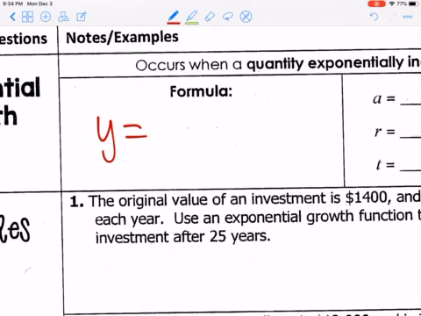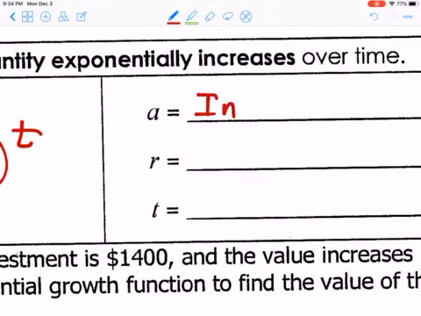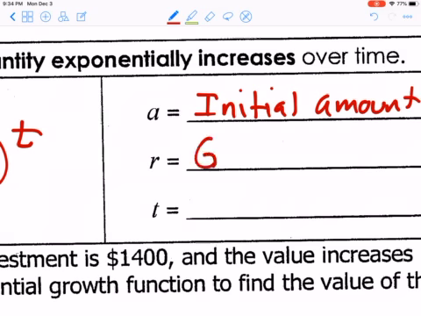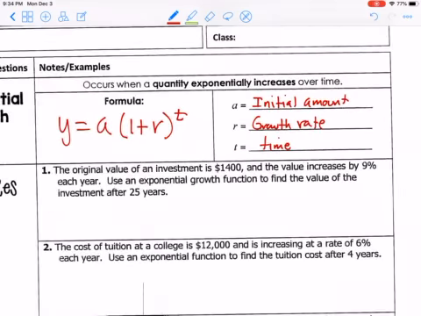So y equals a times 1 plus the rate, raised to time, where a is still the initial amount, r is the growth rate, and t is time. So what we're going to be working on is word problems, and all we have to do is identify that a, that r, that t, and then we're just going to put it in the calculator.